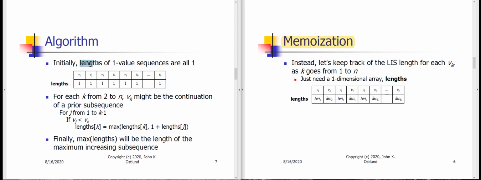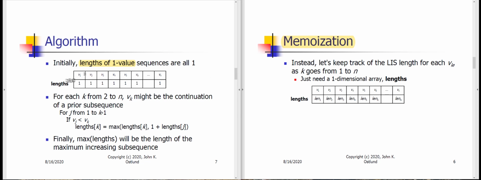All right, so initially we're going to fill in all of the lengths in this lengths array with the value 1. Because at worst, even if every single one of the values in this sequence that we start with is equal to each other, each one of these things is going to be the beginning of a subsequence that is at least one value long.